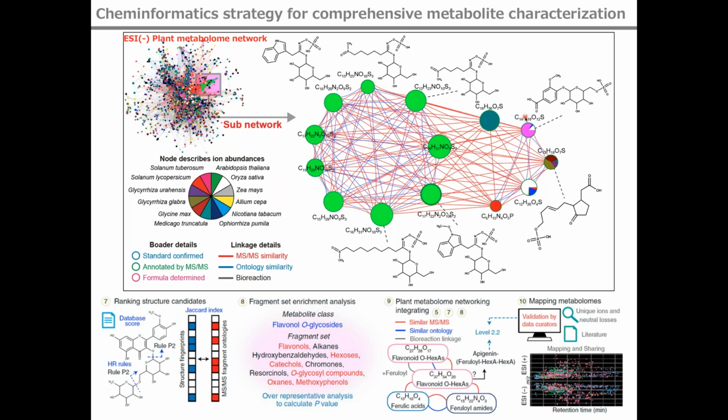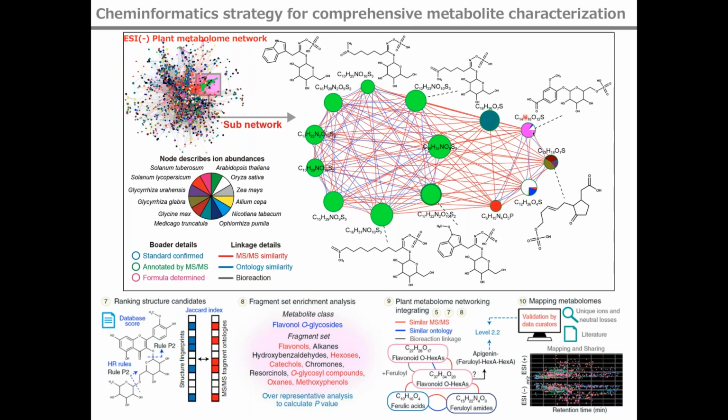And we could finally determine this metabolite as hexosylvanillic acid sulfate. By the same manner, this metabolite was classified as 12-sulfooxyjasmonic acid. And this kind of network function was also implemented in the MS-DIAL and MS-Finder programs.